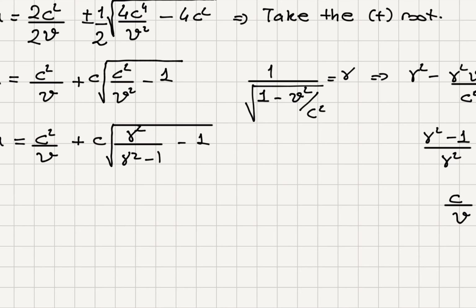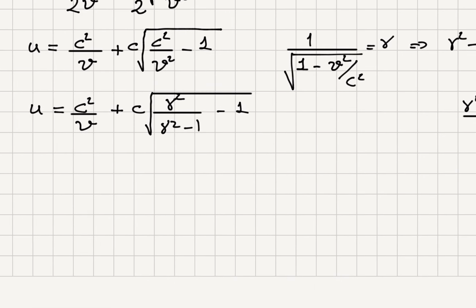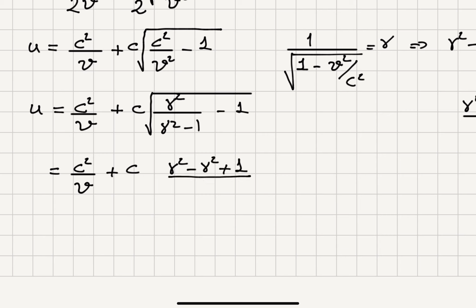All right, and that means u is equal to c squared over v plus c times the square root of gamma squared minus gamma squared plus 1 divided by gamma squared minus 1.